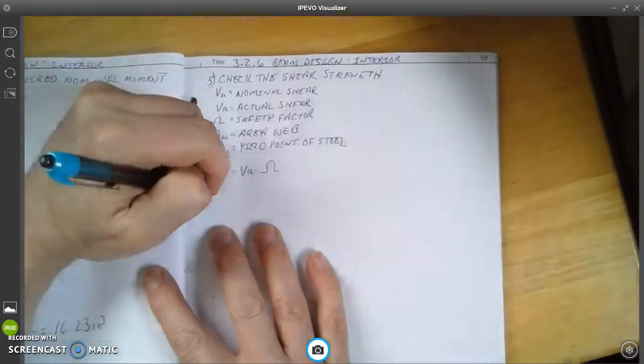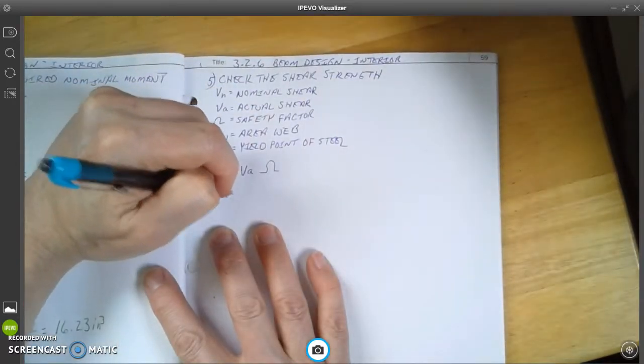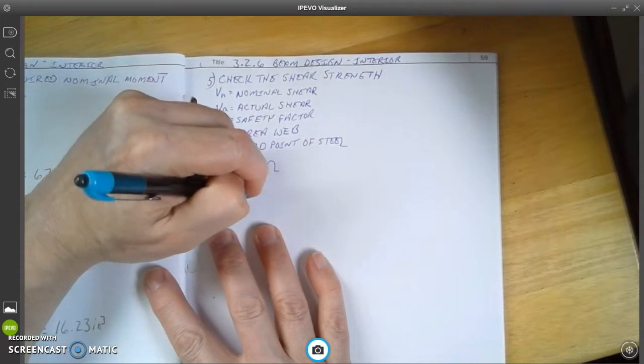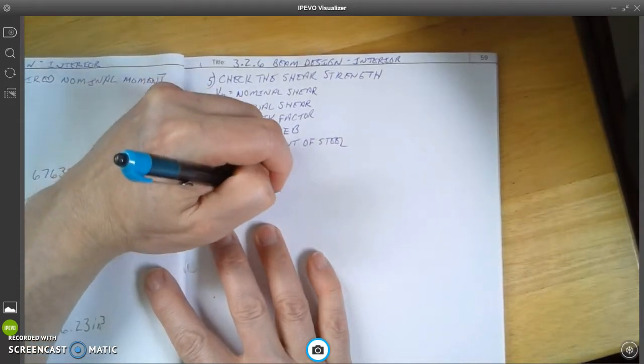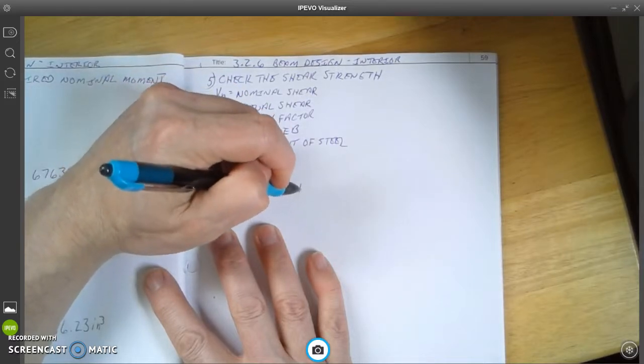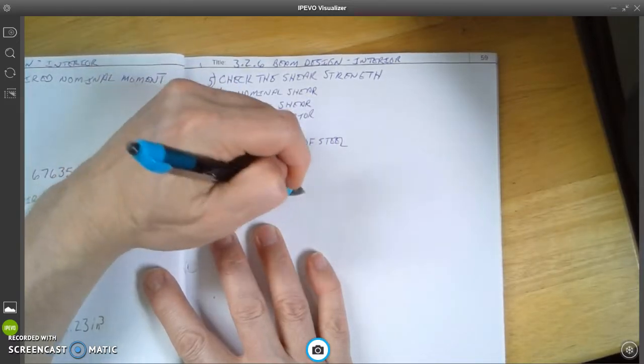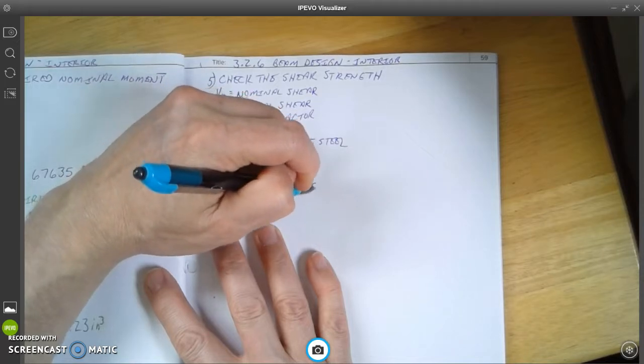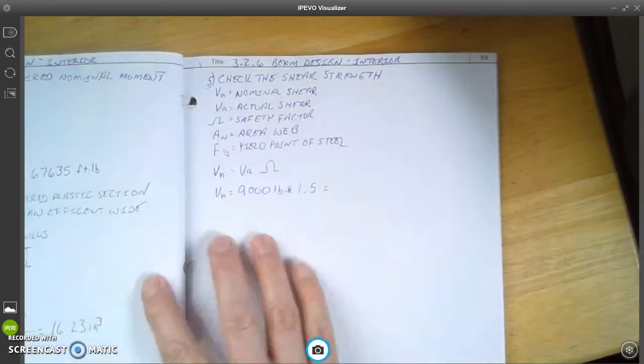So Vn is going to be equal to 9,000 pounds, and that's going to be times the shear safety factor, which is a little less than the other one, and that is 1.5.